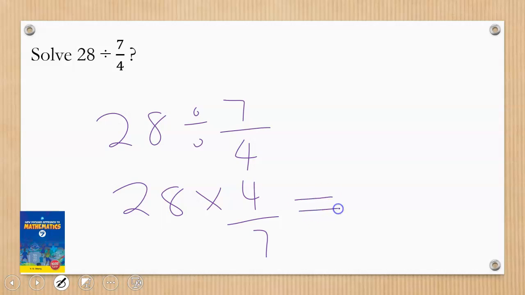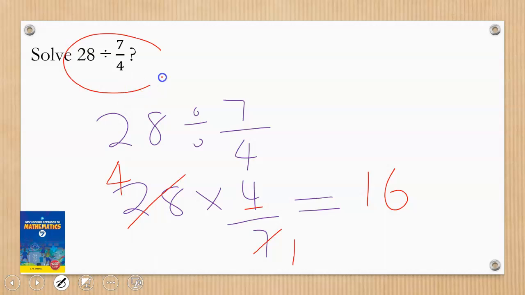Then we can simplify this. 7 can divide itself as 1, and 7 can divide 28 as 4. Then again, we multiply 4 times 4, which will give us 16. So this question, 28 divided by 7/4, will give us 16.